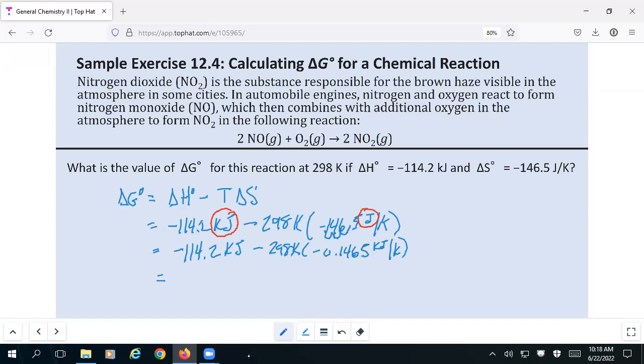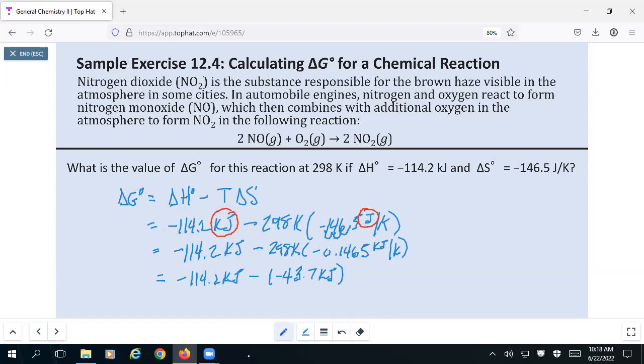Now we can start to combine terms. Negative 114.2 kilojoules is still delta H. The product of T and delta S, 298 times negative 0.1465 is negative 43.7 kilojoules.